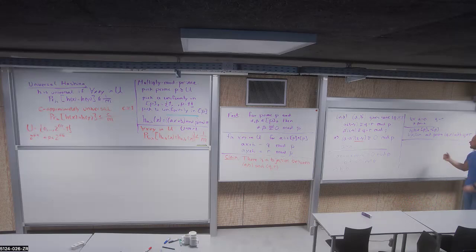Okay, so what we're going to do is look at all the possible values of Q and count how many values of R cause a collision when I do mod M. Make sense? So we're going to look at all choices of Q. There are P such choices.